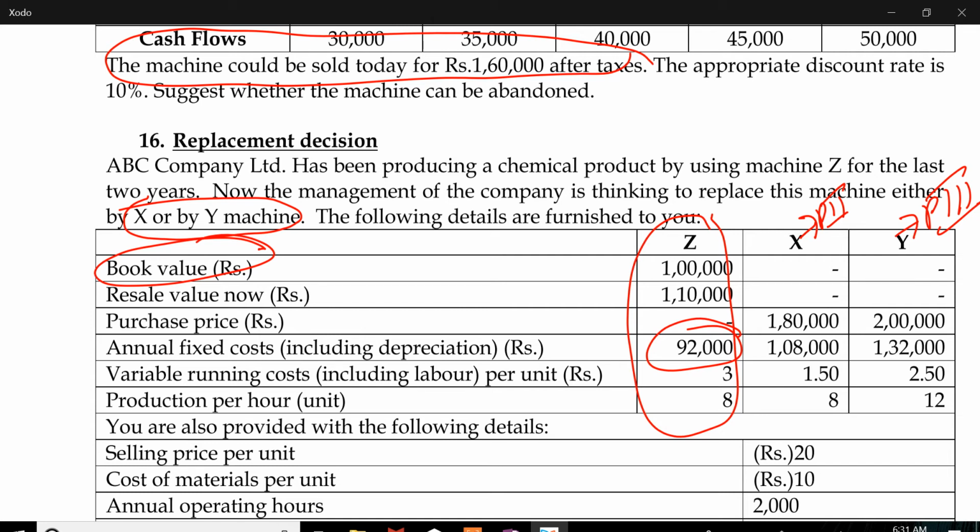Next point. We will solve this problem under non-incremental method.